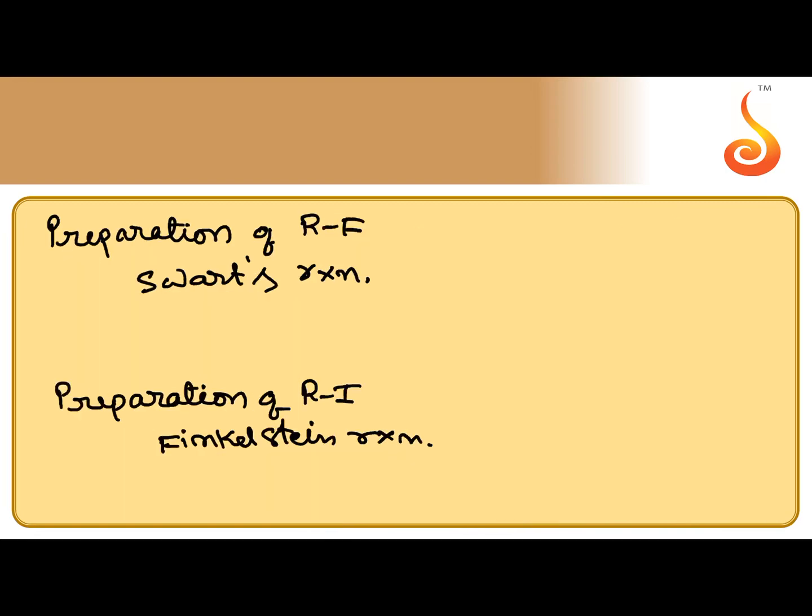Next one, preparation of alkyl fluorides. Direct fluorination of alkane leads to explosion. That's why by indirect method, halide exchange method, we can prepare alkyl fluorides. That method is specially called Schwarz reaction. In Schwarz reaction, first alkane is converted into alkyl chloride or alkyl bromide by the direct chlorination.